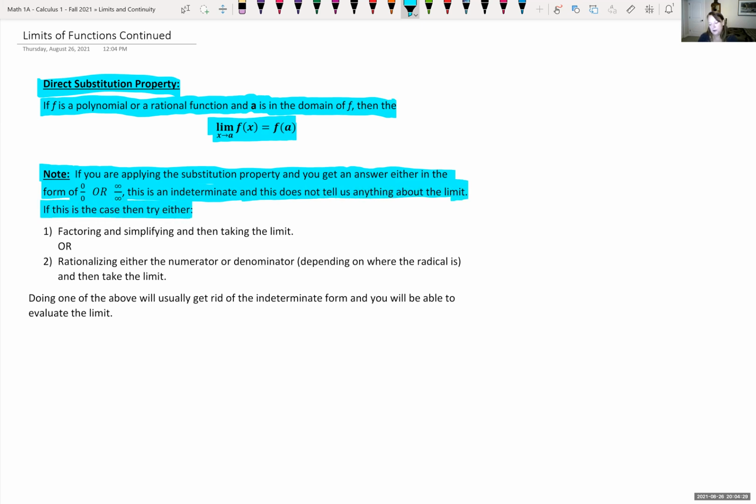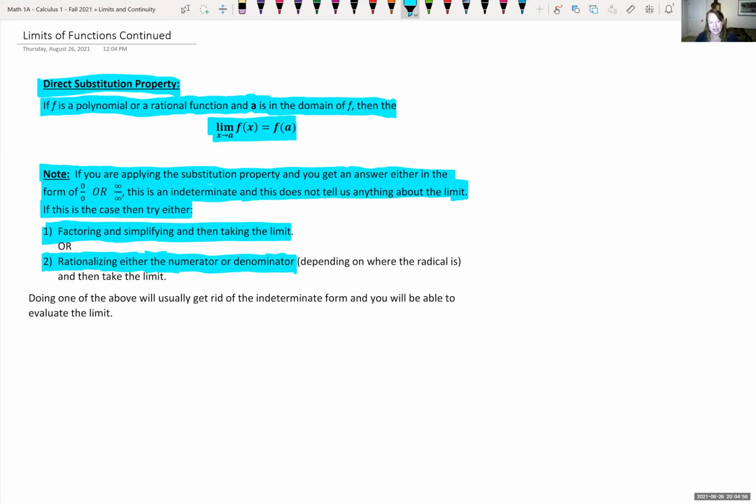So if you get one of these cases, there's a couple of different ways that we can approach it and go back and find the limit. One trick is to see if you can factor both the numerator and denominator and simplify like factors, and then take the limit. The other thing that could happen, maybe you have radicals in the numerator or denominator.